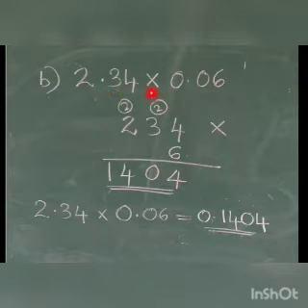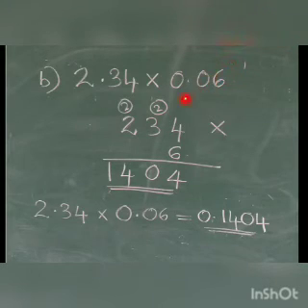One more example. 2.34 multiplied by 0.06. Here both the numbers are decimal numbers. So in this case, what are we doing? Here I took the numbers without the decimal point. So 2.34 we can take as 234, and 0.06 I take as 6, because the 0s in front do not matter.